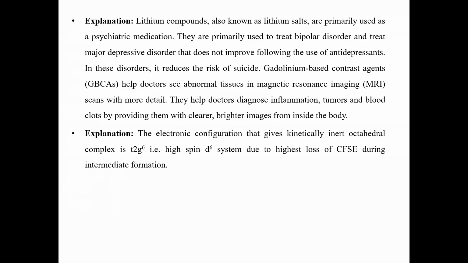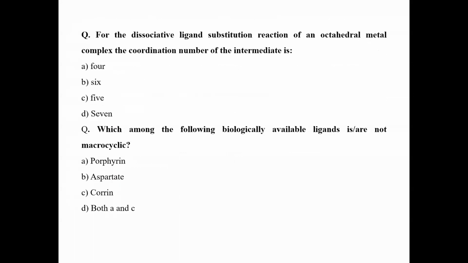Moving to the next: the first one is, for the dissociative ligand substitution reaction of an octahedral metal complex, the coordination number of the intermediate is, whether it will be 7, 6, 5, or 4. The second one is related to bioinorganic chemistry: which among the following biologically available ligands are not macrocyclic?